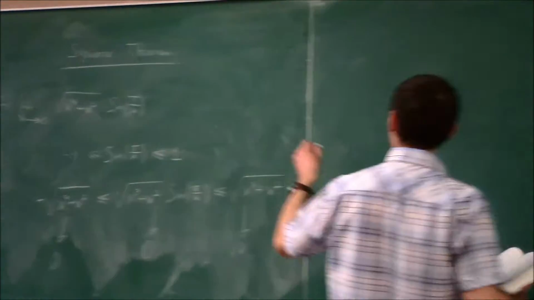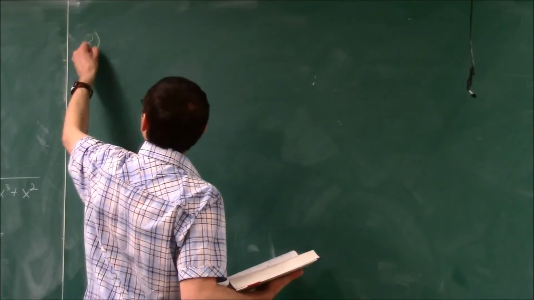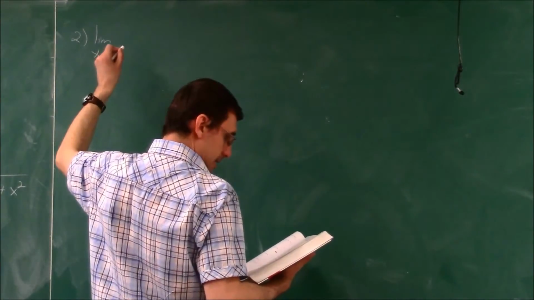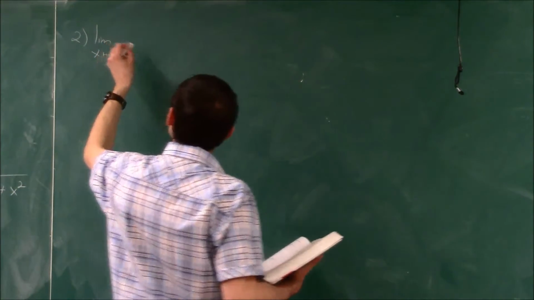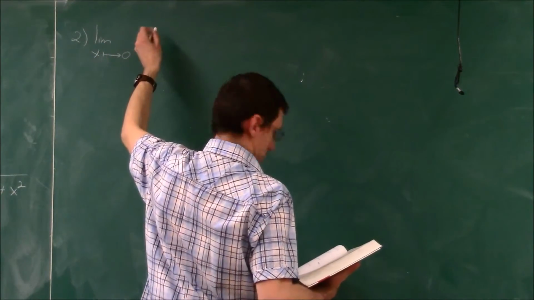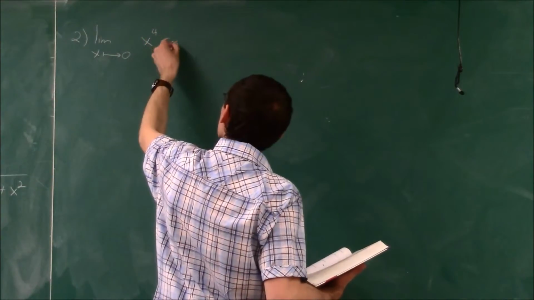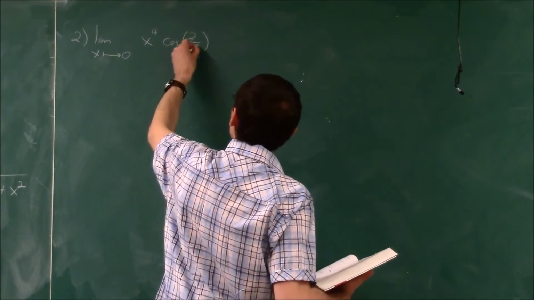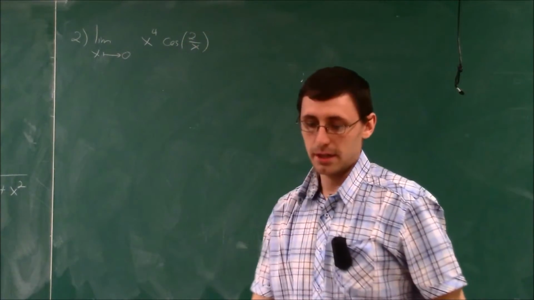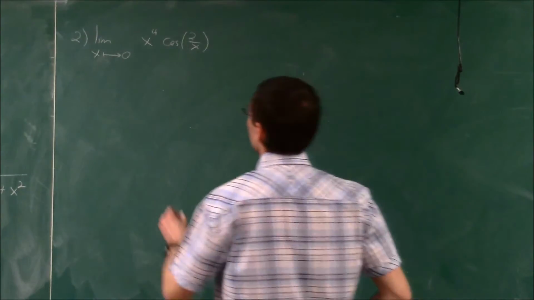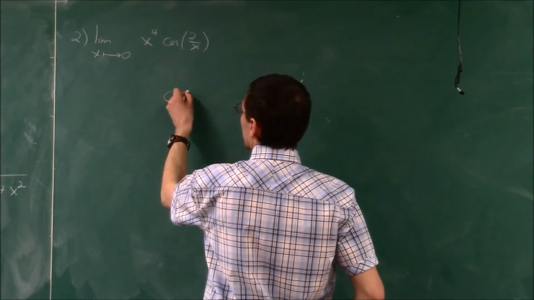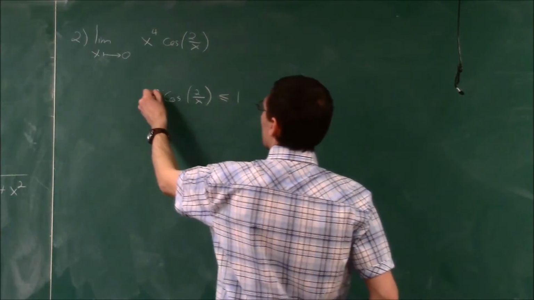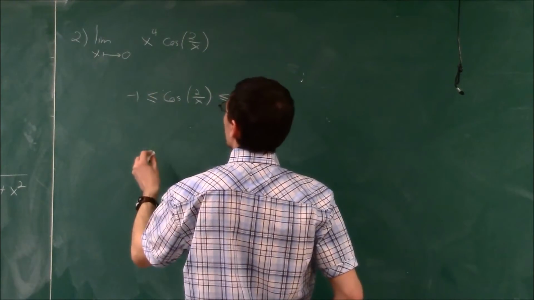So suppose that what we have is the limit as x goes to 0 of x to the power of 4 cosine of 2 over x. Again, exactly the same idea works. We have that cosine of 2 over x is between 1 and minus 1.